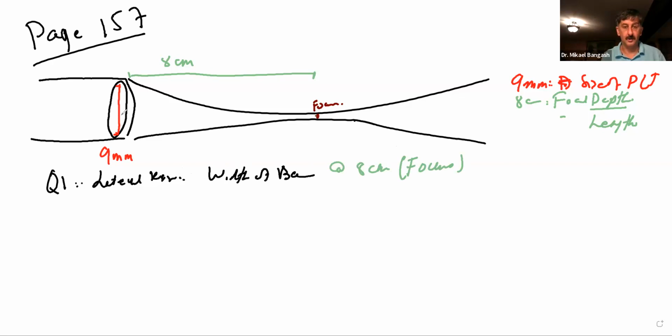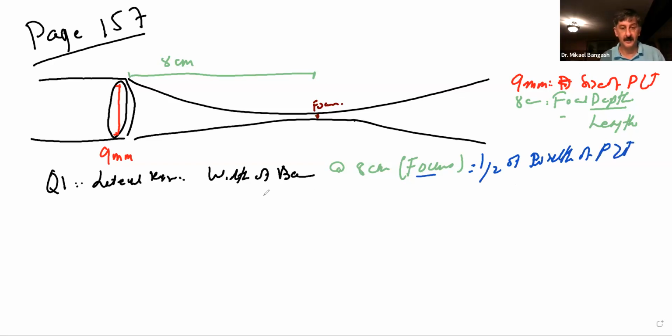And what we already would know in this instance is that the diameter at the focus is going to be half the diameter or width of the PCT, which is 9 millimeters.